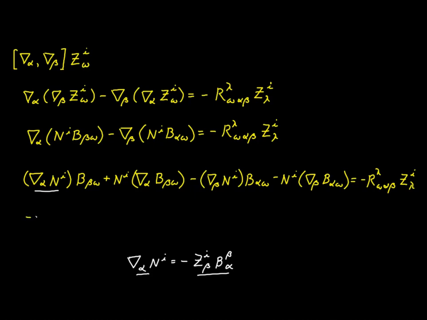So this is negative Z i lambda times B lambda alpha times B beta omega. And this term remains unchanged, of course. And as before, we can complete the expression by copying these terms, reversing the signs and swapping the values of alpha and beta.